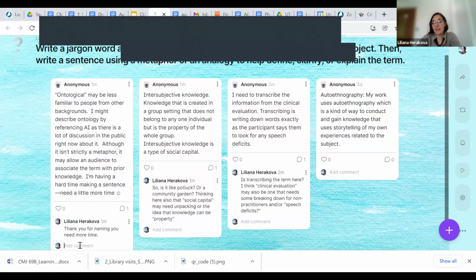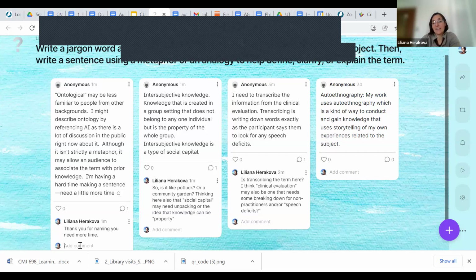That's definitely relevant. And I did want to talk about intersubjective knowledge. Again, this is a thing in our field. The post says it is knowledge that is created in a group setting that does not belong to any one individual, but is the property of the whole group. Intersubjective knowledge is a type of social capital. I wanted to thank this poster for challenging me to think of a possible metaphor, because I could not discern one in the post.